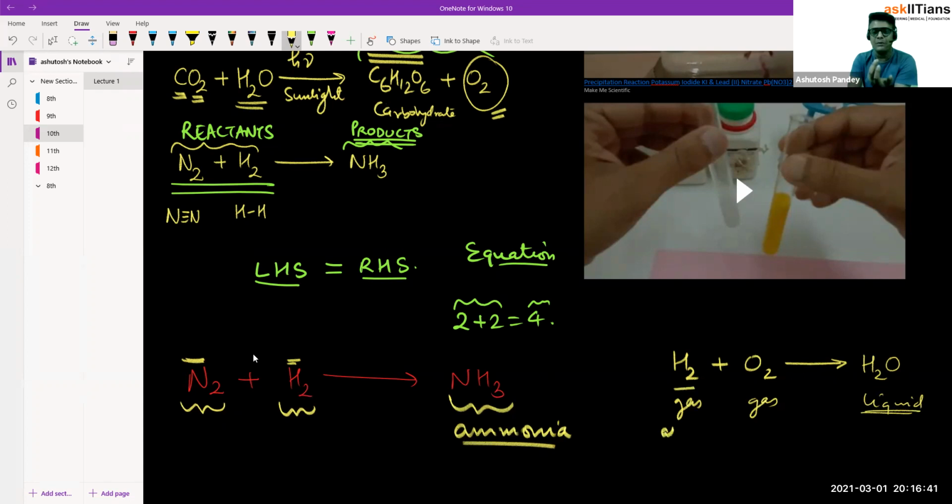So gas at room temperature, while this is liquid at room temperature. So it means that after a chemical reaction, some new compound, some new substance, will form, which will have a set of properties totally different from the properties of the reactants.